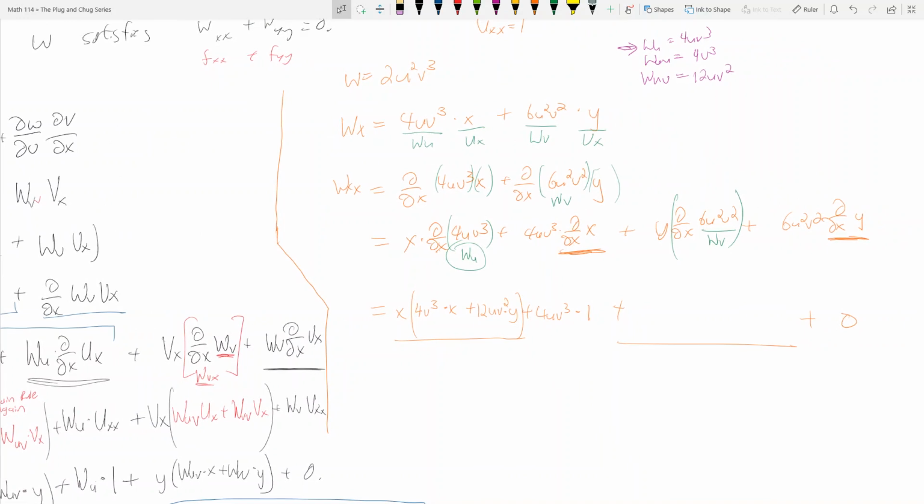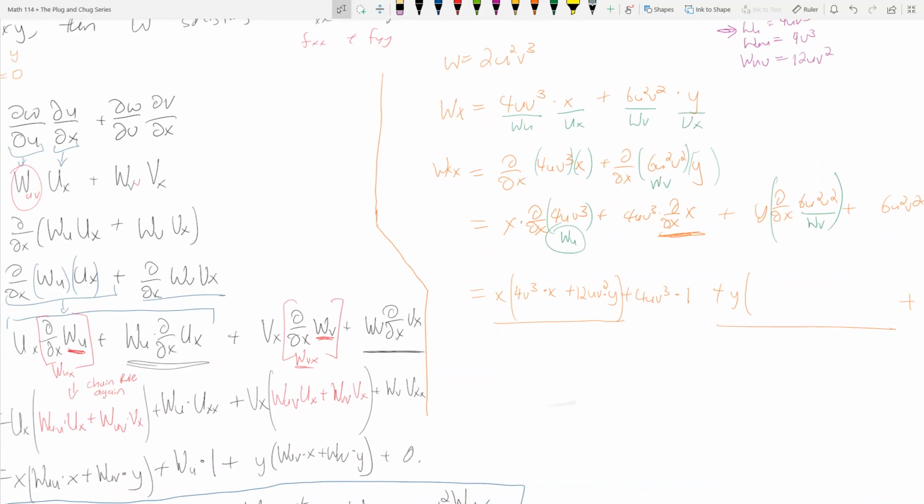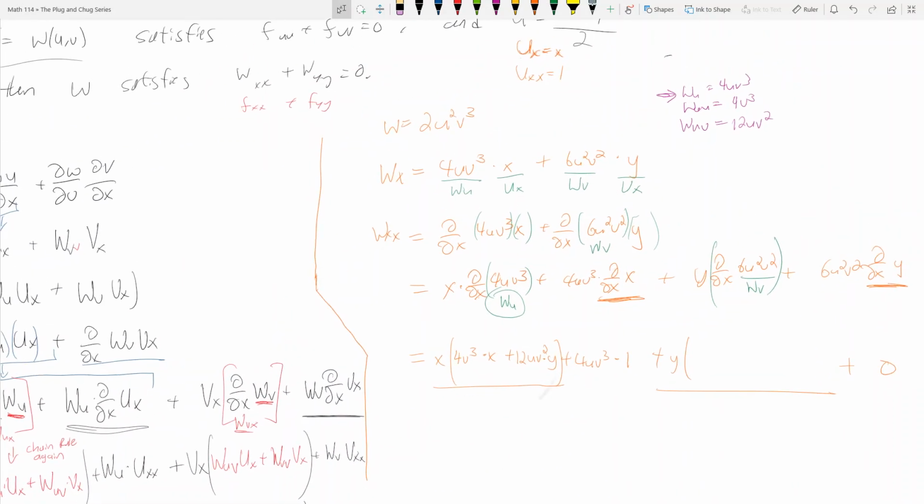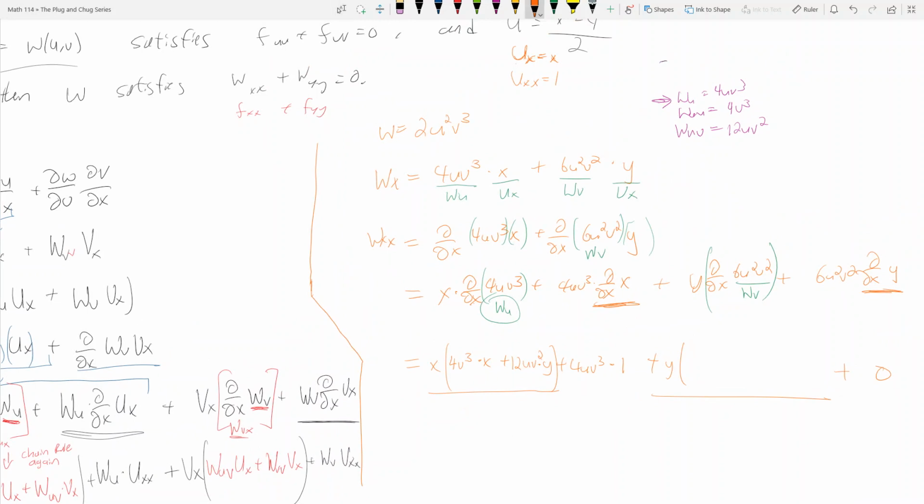And likewise, here I got y times W sub u sub v, which is 12uv squared, times u sub x, which is x, plus W sub v, so W sub v, this is this guy with respect to v, so that's 6u squared v squared, and we had that already, and then W sub vv is 12u squared v.